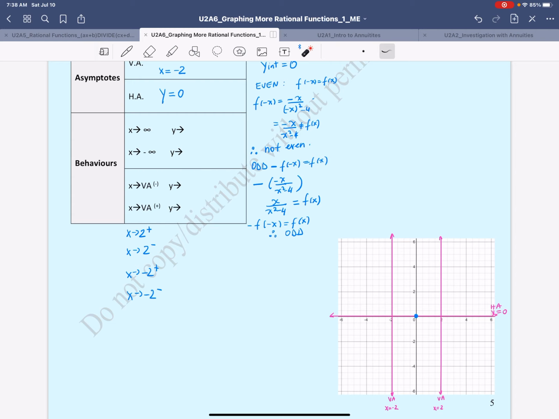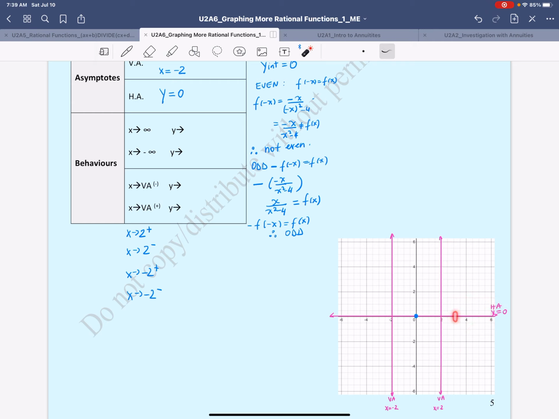So what we do to predict where the graph is going to be, remember, the rational functions are just curves that follow their asymptotes. So whether the graph will be in the section above the horizontal or below the horizontal, what we do is give x a specific value.